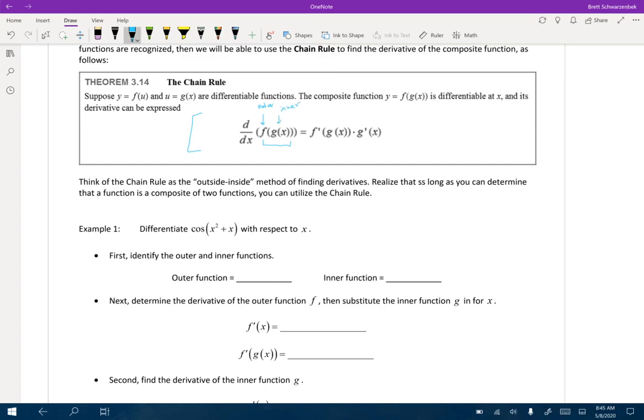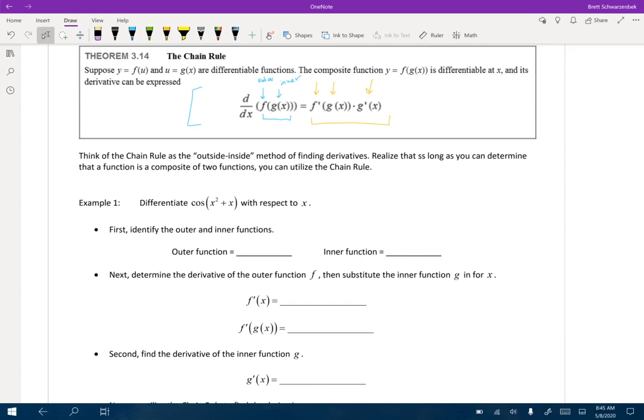Then according to this, the true derivative of this by the chain rule is taking the derivative of the outer function with the inner function still composed inside of it, times the derivative of the inner function. That is the process. Now, that's why I call this the outside-inside method of finding derivatives. It's a very good summary or description of what you would actually do.